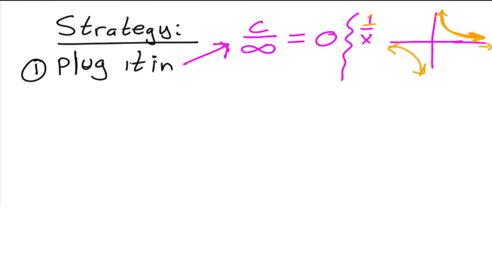Okay. And that's important to note as well, that when you're looking for horizontal asymptotes, that's exactly what you do. You find the limit as x goes to infinity, or also negative infinity. Now another thing that can happen is you can have infinity minus infinity, or you can have infinity over infinity.